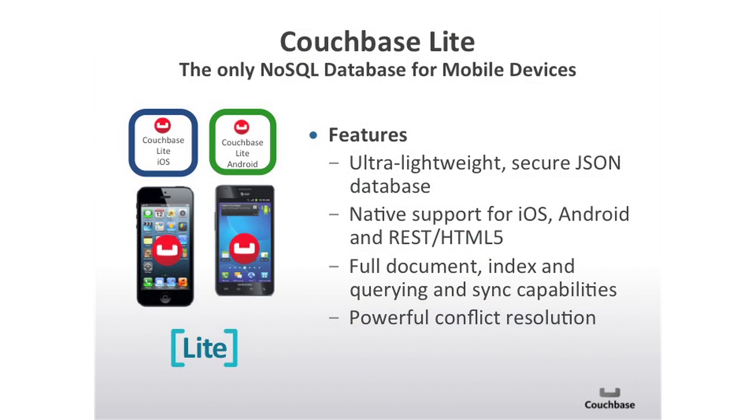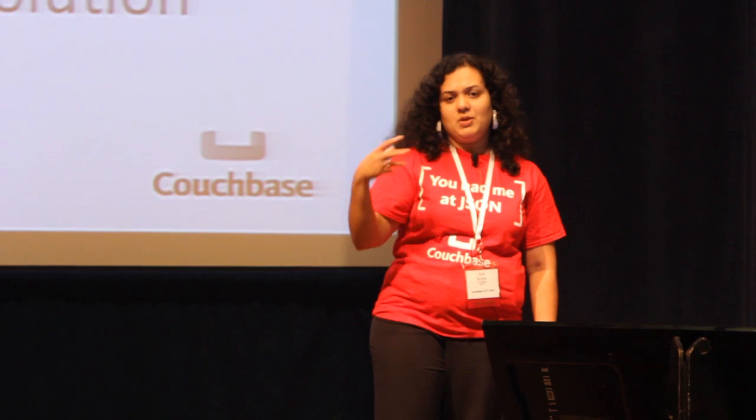Native support for iOS, Android, and we also have a PhoneGap plugin that I think Chris will be using today. And then finally, full document support, so reading and writing documents, indexing documents on the device itself, and attachments, which is extremely powerful for pictures, images, files, whatever you can think of.